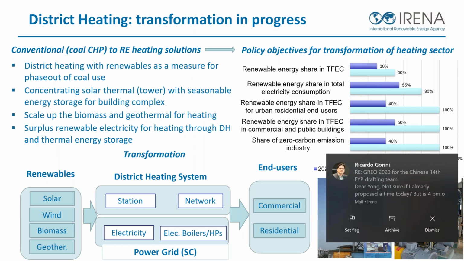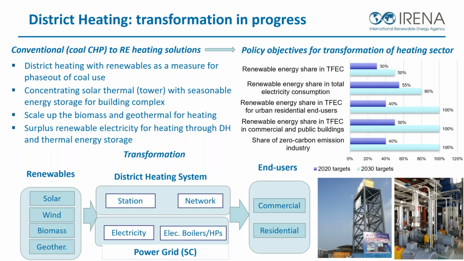They use some biomass, and they are exploring geothermal, but geothermal is a little bit tricky in terms of the regulatory regime. This area is also under study: how can they break through the regulatory regime, and what regulations need to change a little bit?